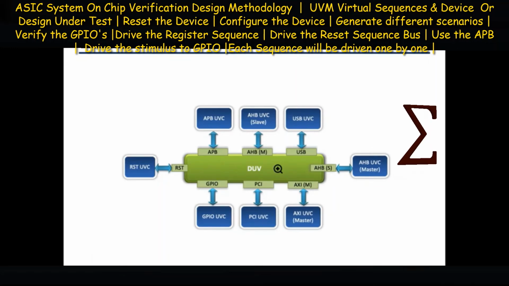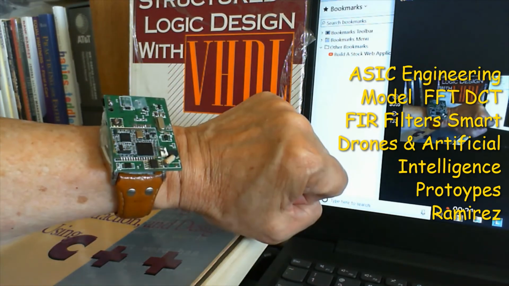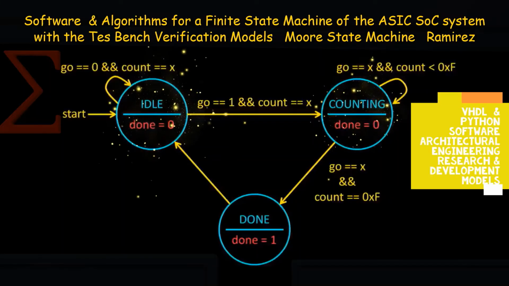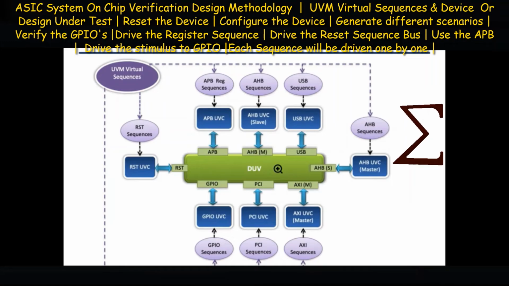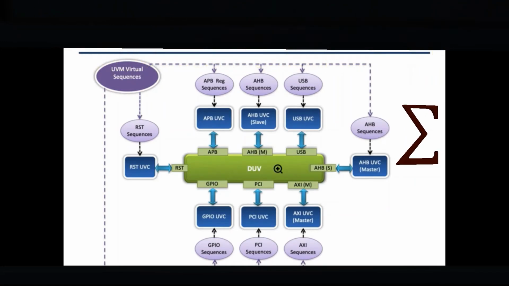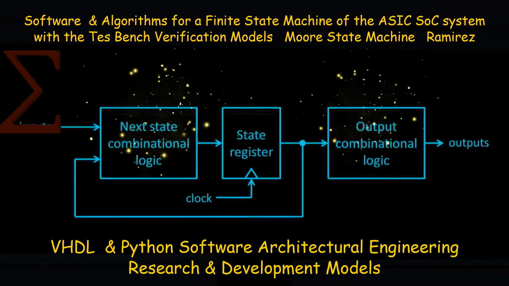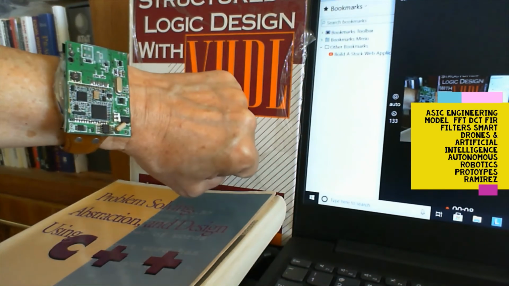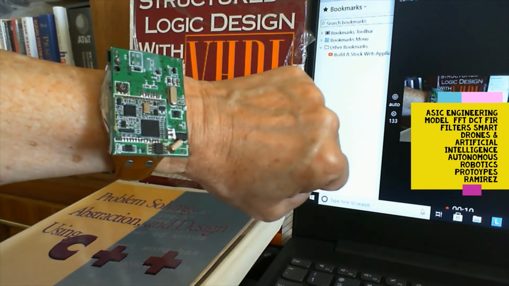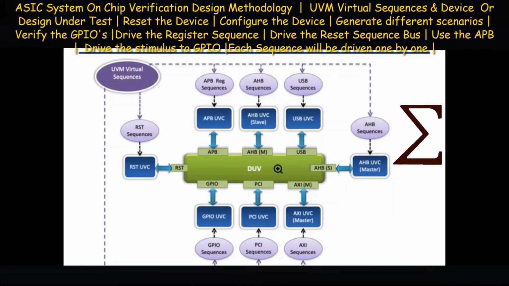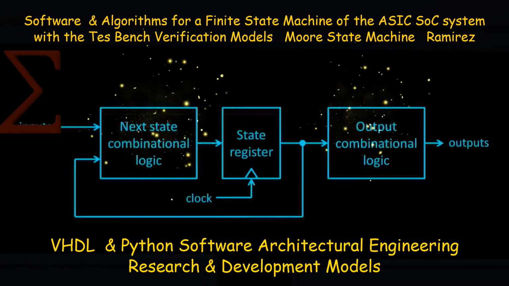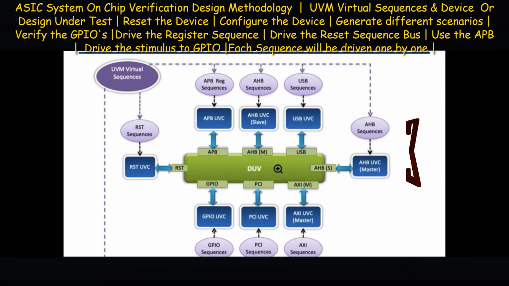The system on chip illustrated in this framework consists of the implementation of 8 different IP units. The SoC consists of the APB and AHB slave, the USB, the GPIO, and the PCI and AXI, AHB, and the reset.